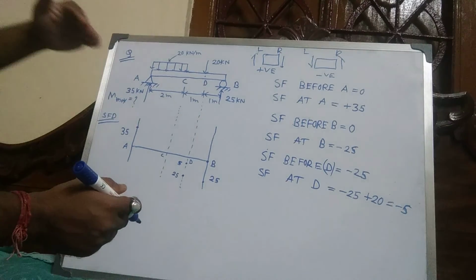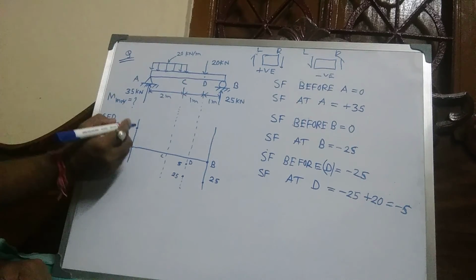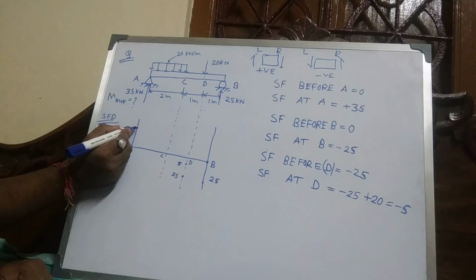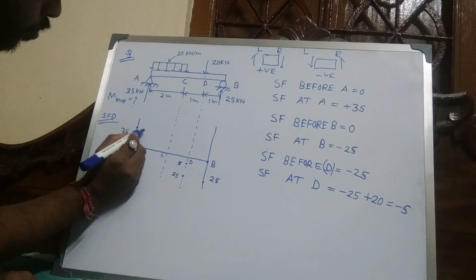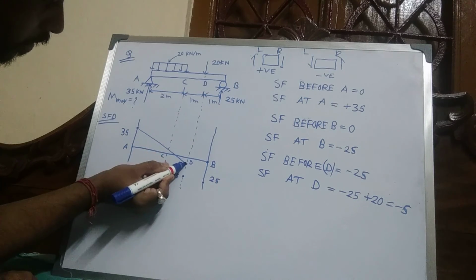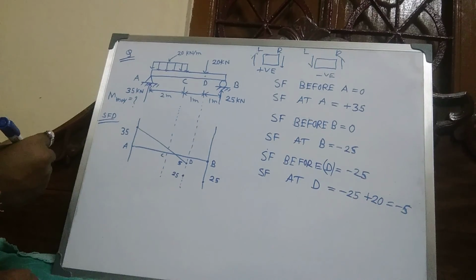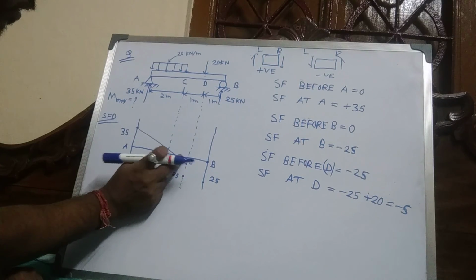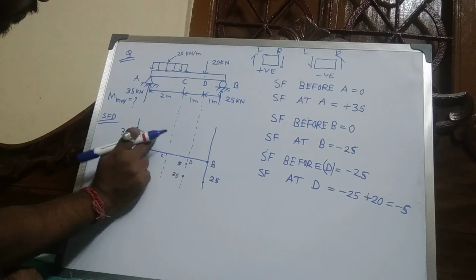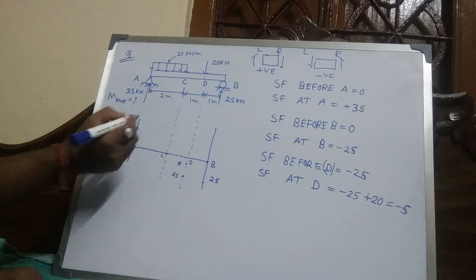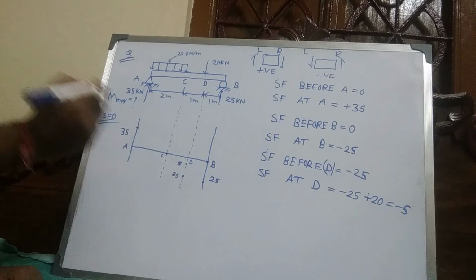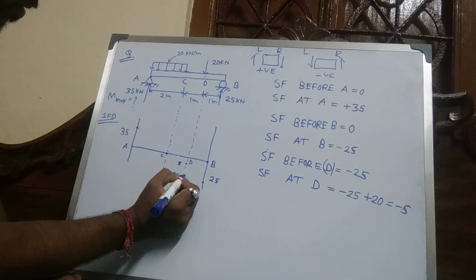Join these two points up to D. Sorry, big mistake, sorry. The UDL goes up to C. Here, now this is constant.